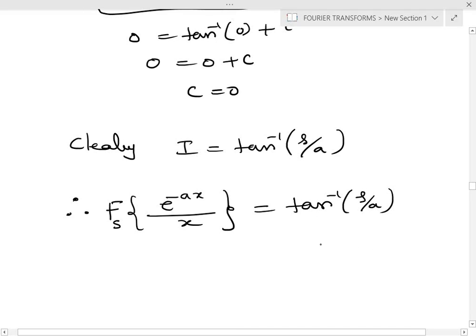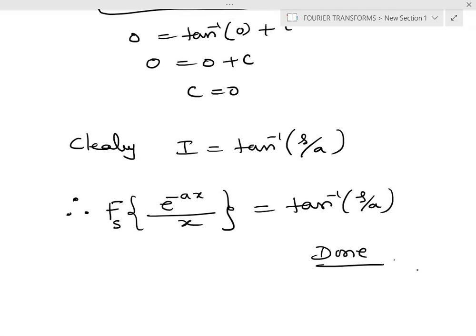Okay, I think that's clear. So this is the way of determining the Fourier sine and cosine transformations. In this way we can do any number of problems.